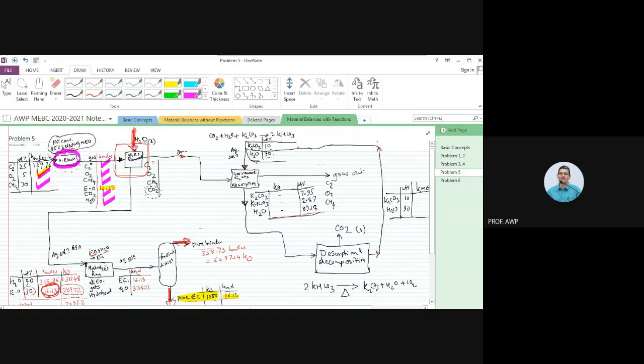Now we add water to take out ethylene oxide, and we know that this is to be 10%. So all the water that is here, 709.72, right? Where is that water going to come from?